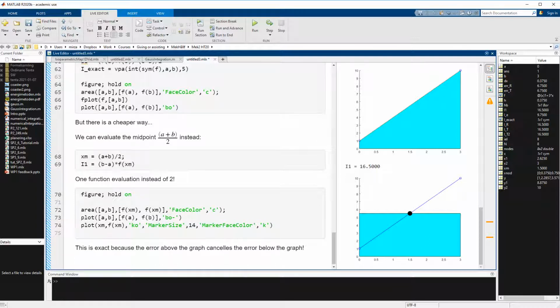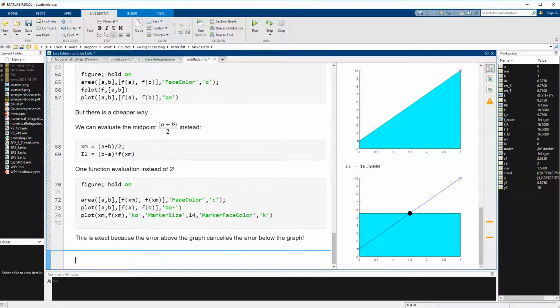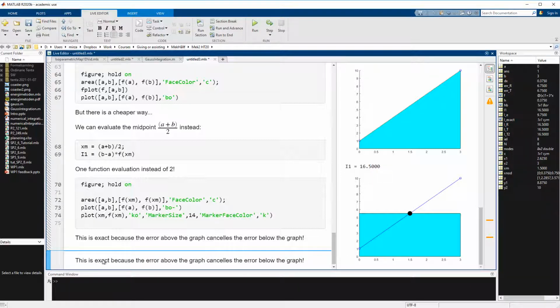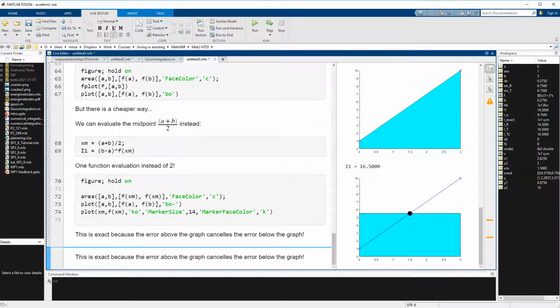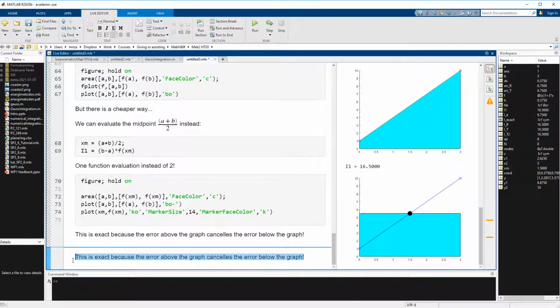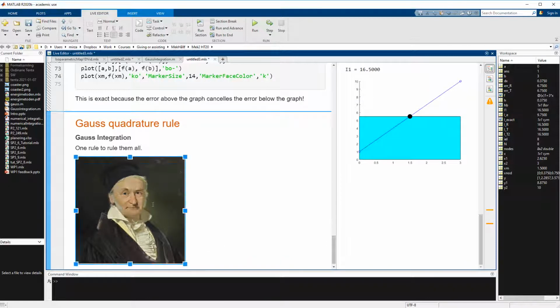One really smart mathematician figured this out, and his name was Gauss, because there's always going to be some of these guys involved. If it isn't Gauss, it's Euler. So one rule to rule them all, the quadrature rule by Gauss.